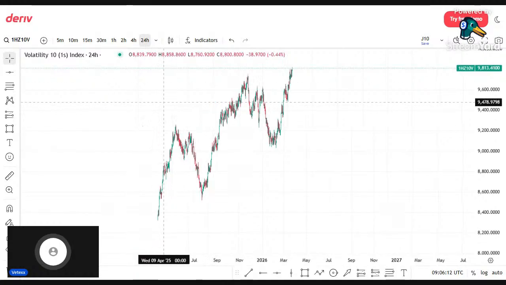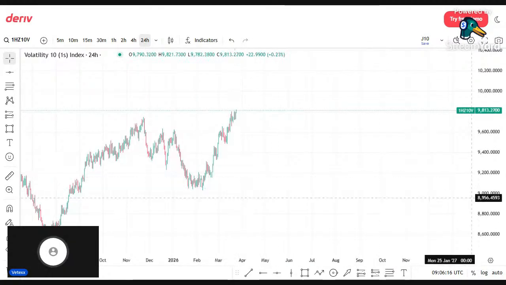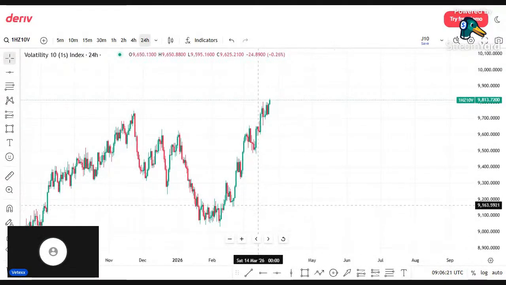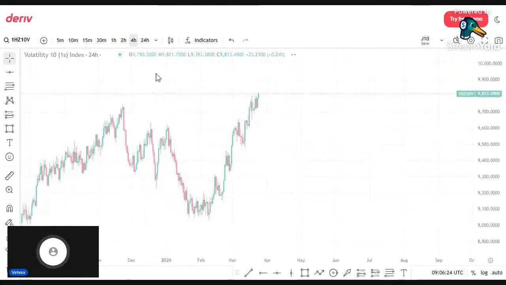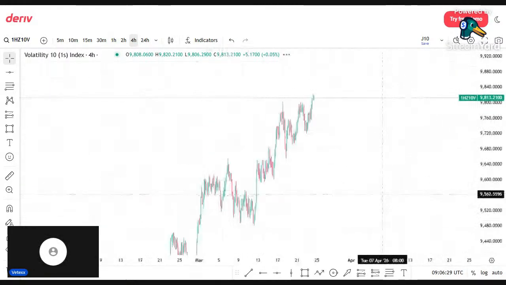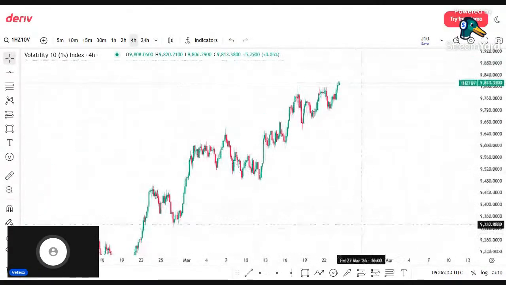On V10S, starting from the 24-hour time frame, we don't have a continuation yet. So we'll go to the 4 hour time frame and check if we have a continuation there. We have this continuation on the 4 hour time frame.